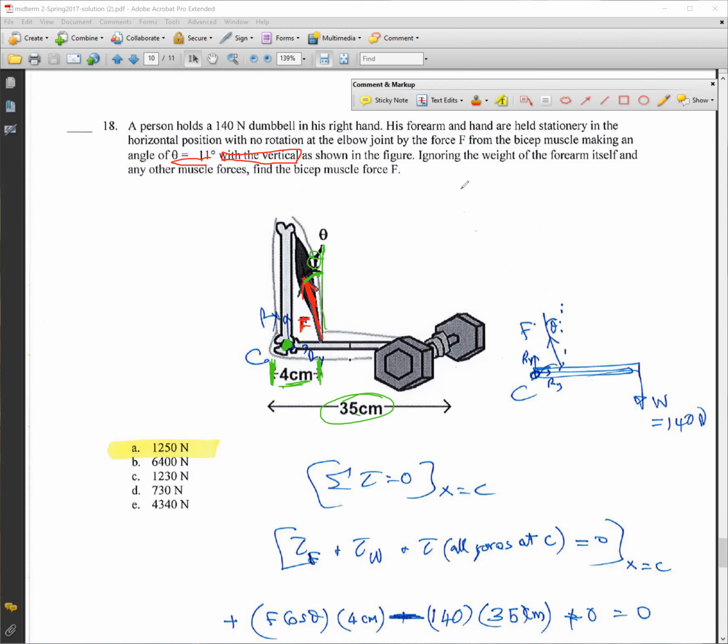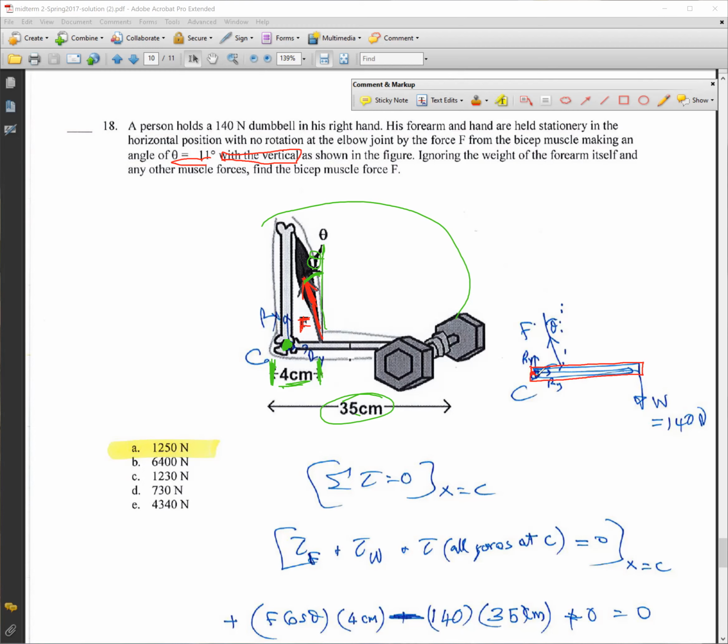Now to make the system look simpler to study, we convert all this arm and dumbbell into a simple lever system, just with a bar like this.